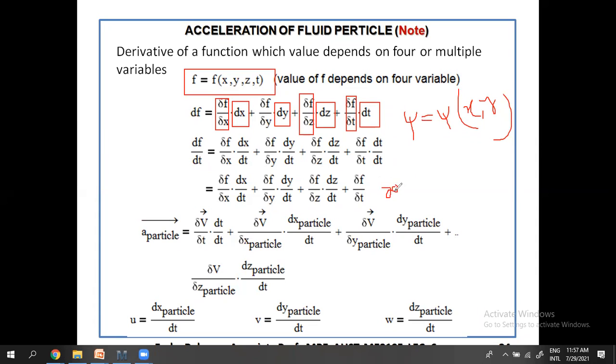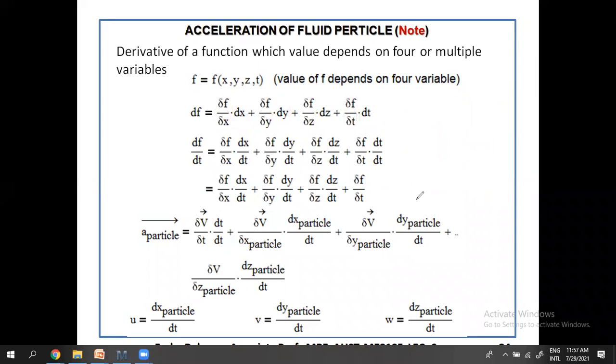We can say d psi will be, if you differentiate with respect to x, del psi by del x into dx, plus, if you differentiate with respect to y, the next derivative will be del psi by del y into dy. Similarly, we can differentiate phi too.